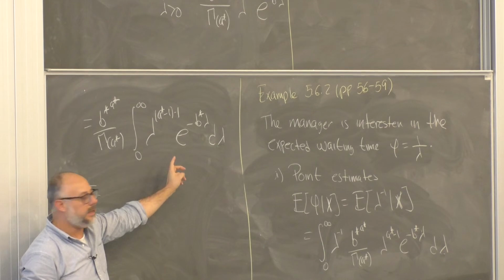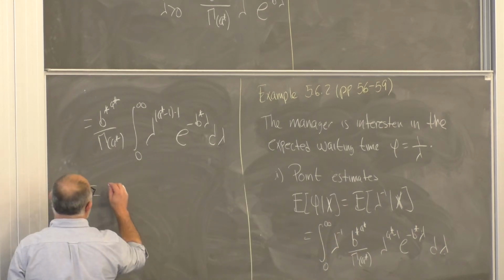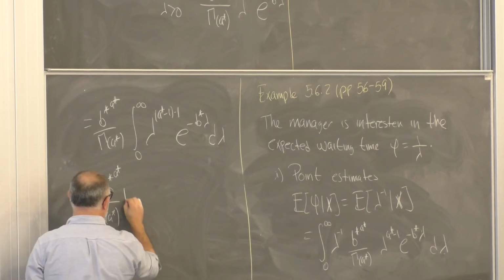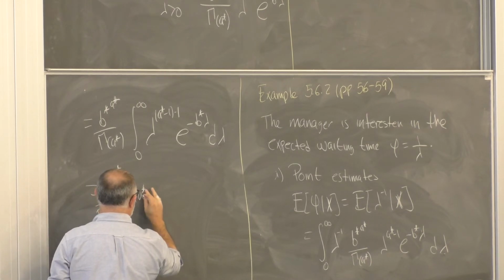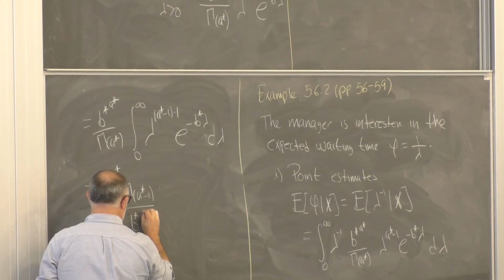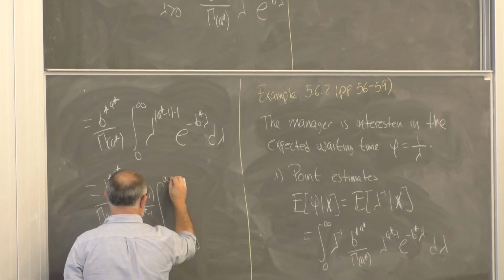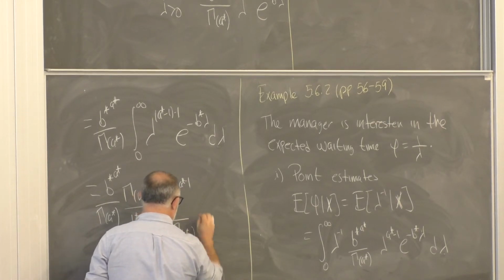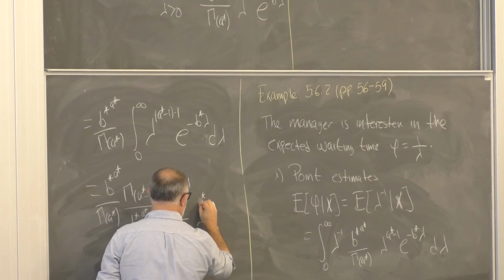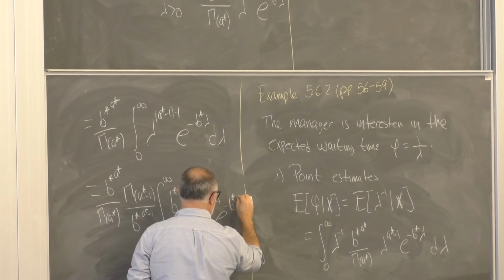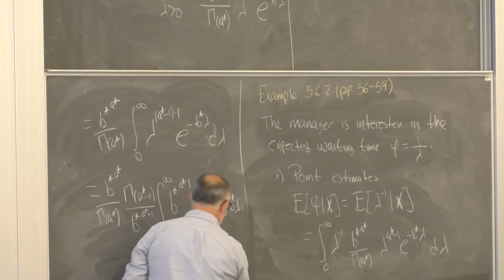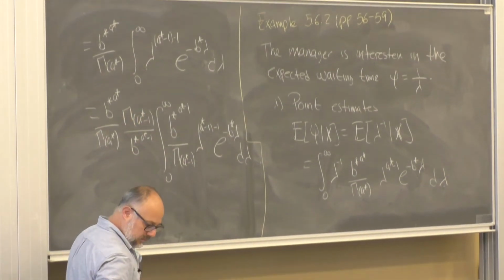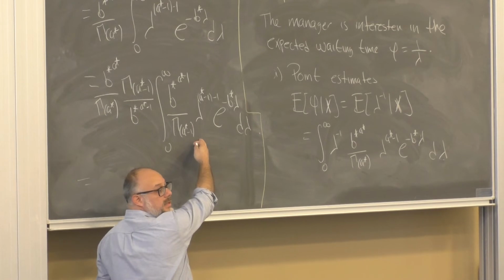So if I multiply and divide by the corresponding constant, this integral is 1 because this is a PDF.